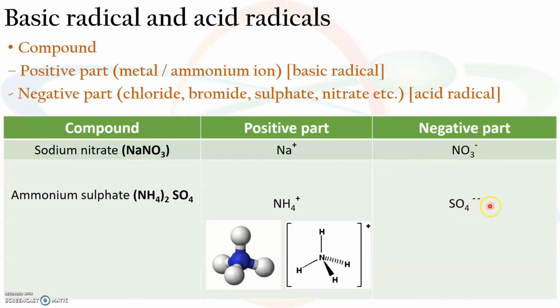So the negative part is SO4-2. So from this we know that the positive part is called basic radical. Therefore, NH4+ is the basic radical from this compound, and we know that the negative part is called acid radical. So the negative part here is SO4-2. So SO4-2 is the acid radical from this compound.